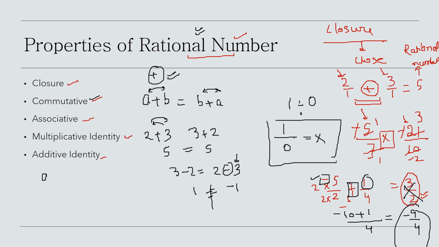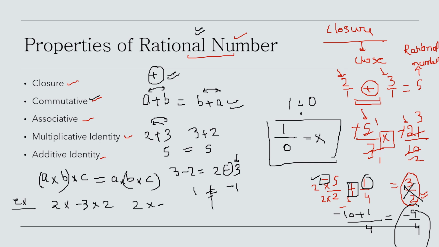Now let's talk about associativity. For that we have to take 3 numbers. Now let's check for multiplication also, because for addition it will hold. If I take A, B, C, firstly I am multiplying A and B together and then multiplying the result with C, and then B into C first, you will see that the answer is the same. Let's take an example: 2 into minus 3 into 2.